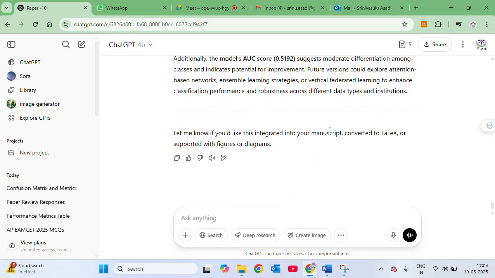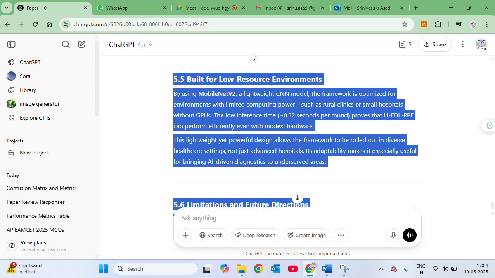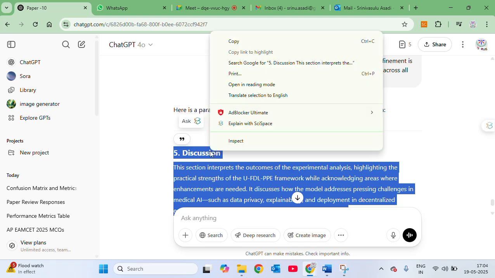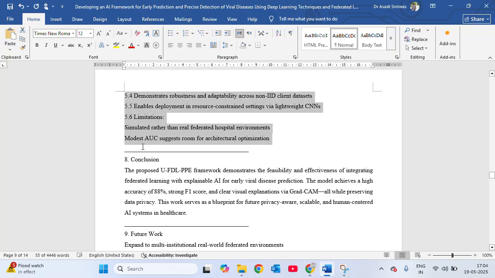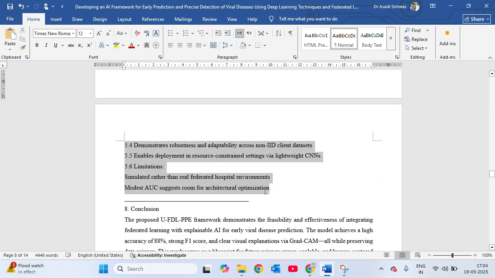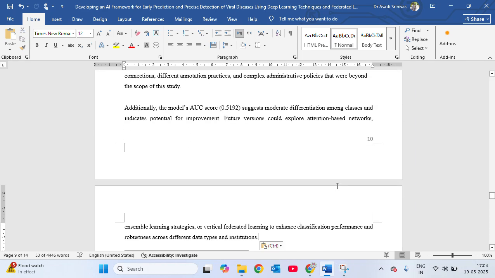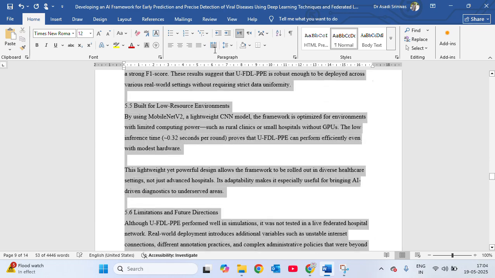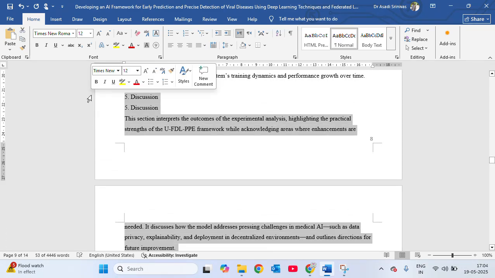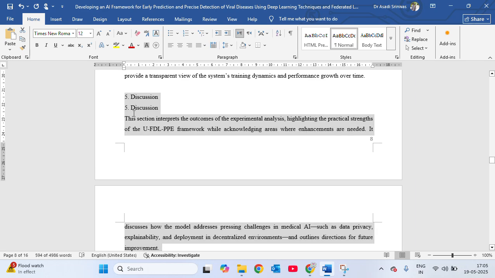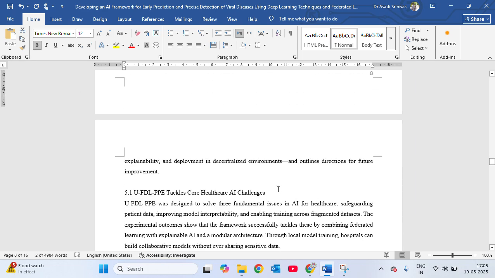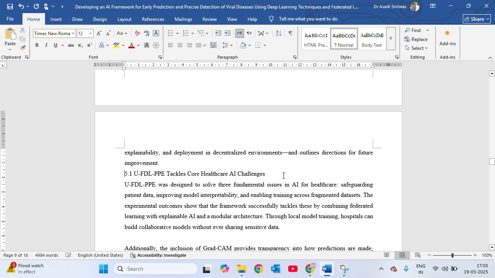Yeah, limitations. Now we need to copy this one, discussion of results. Okay, so now fifth one is almost all completed. So now we need to do alignment for this discussion of results. Yeah, so after that we will add experimental graphs.